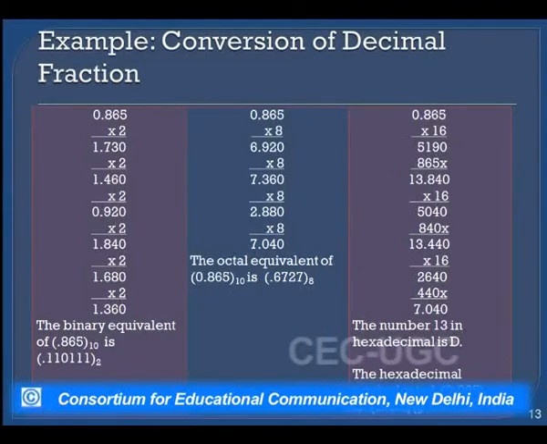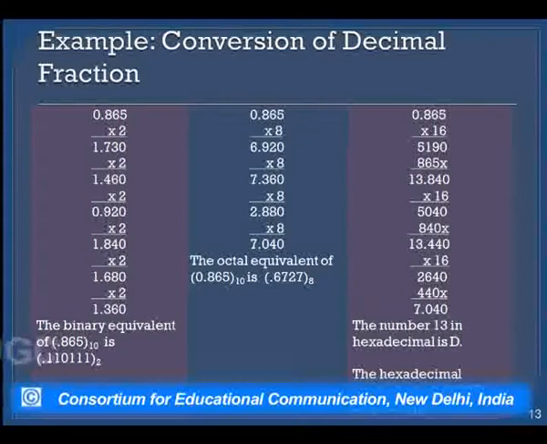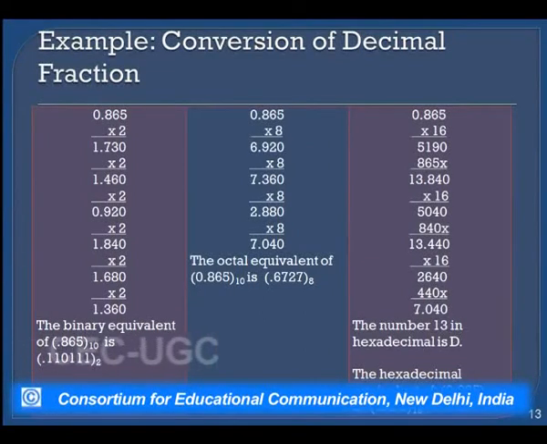Similarly, if we convert 0.865 into octal, we go on multiplying by 8, and for hexadecimal we go on multiplying by 16. There is a point to note here: when we are multiplying by 16, in the non-fraction part we may get 13.840.